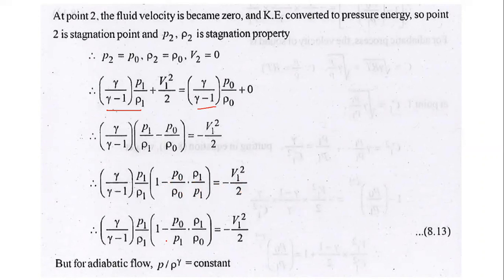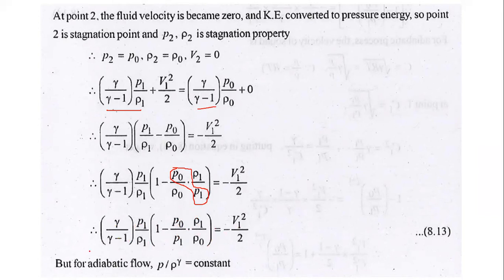Similarly, gamma upon gamma minus 1, P1 upon rho 1 into 1 minus P naught upon P1 into rho 1 upon rho naught is equal to minus V1 square by 2.